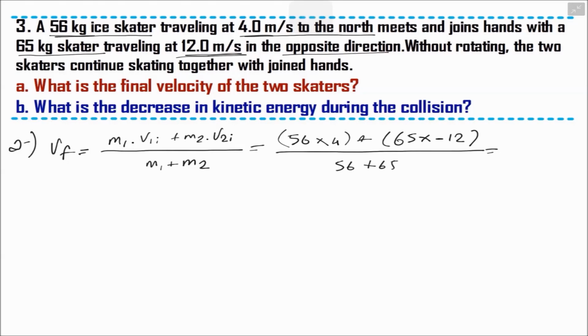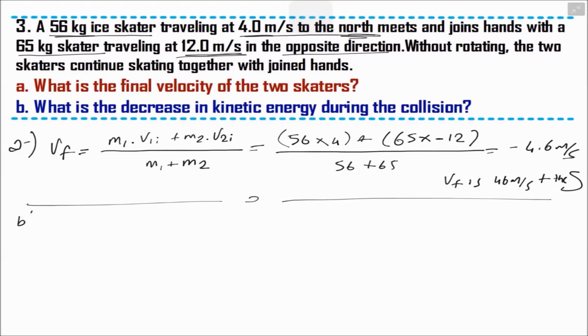So the result will be negative 4.6 meters per second. So V final is 4.6 meters per second to the, here north is given, so it will be south.